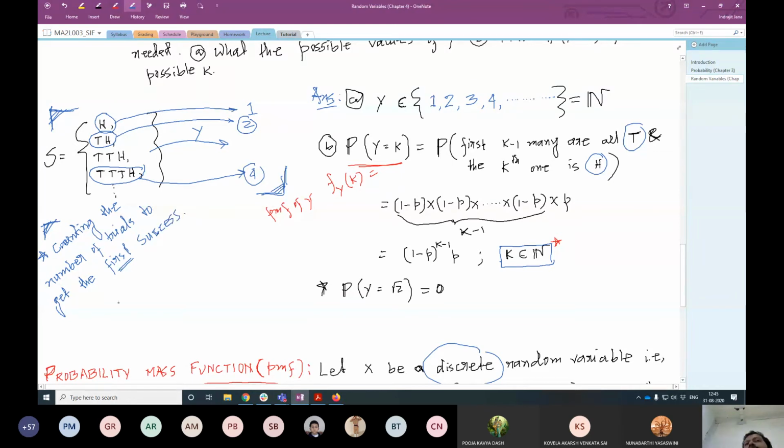And this model also has a name. This model is called a geometric distribution.